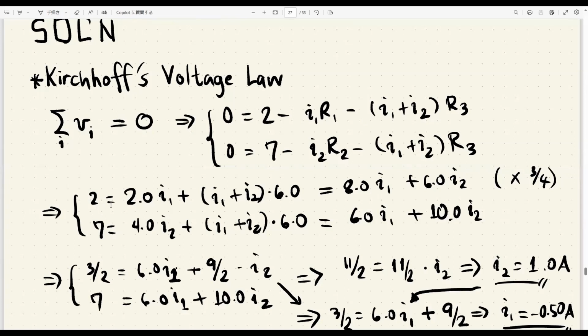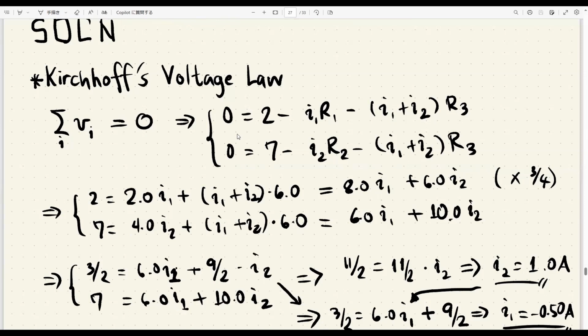So we're going to have 2 here, and these become positive on the other side. We're left with 2 equals I1 times R1, which is 2, plus I1 plus I2 times R3. And R3 is 6. That's what we have here.